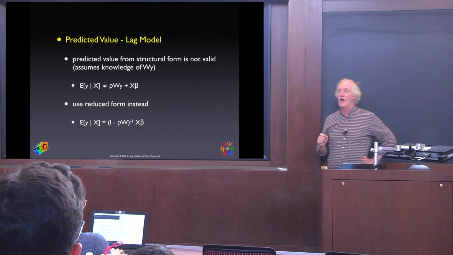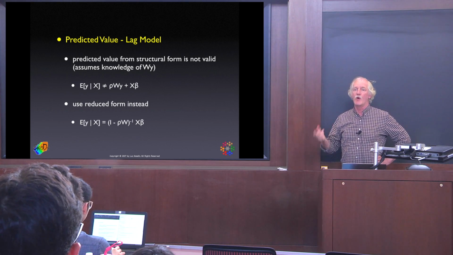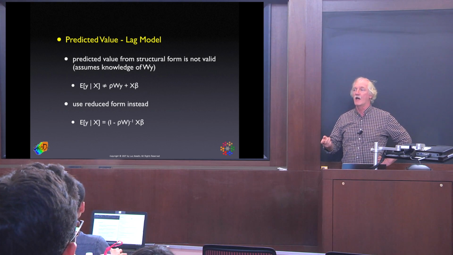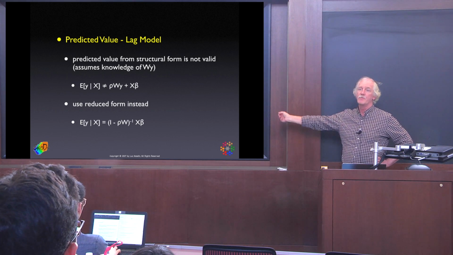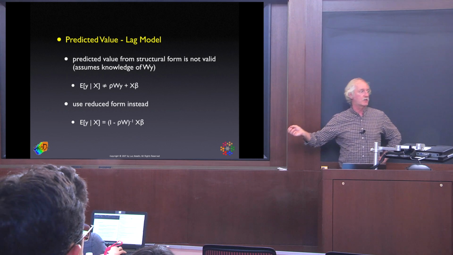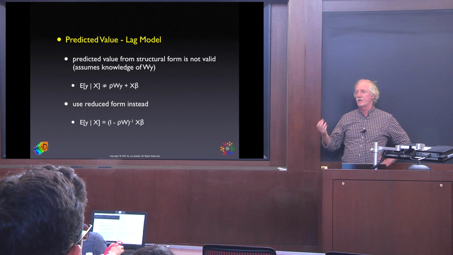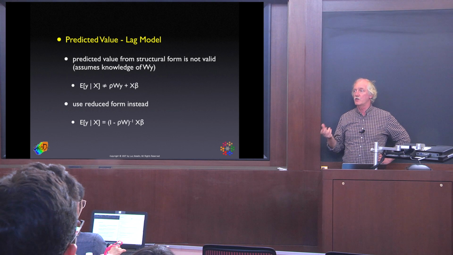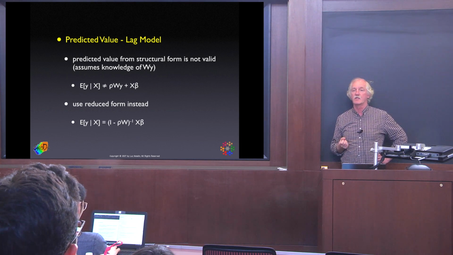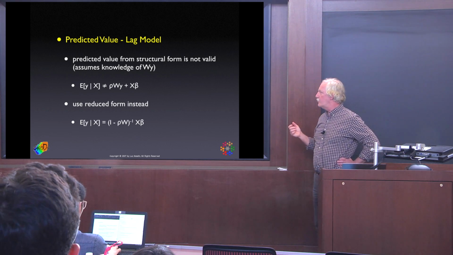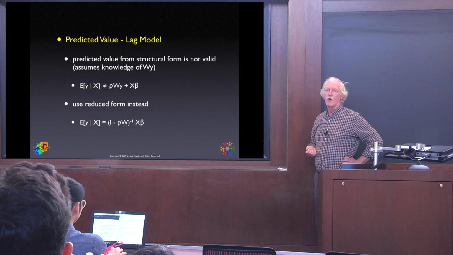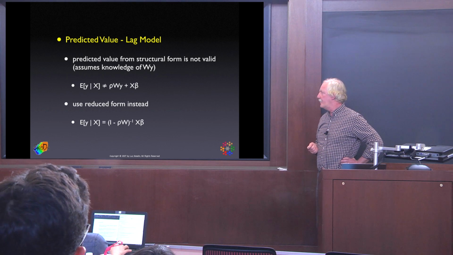You can't have a prediction for y if you need the value for y on the right-hand side. That doesn't work. Even though mathematically that's how you write the initial specification, as an expression for the conditional expectation, it's not useful. So what we need to do is get rid of this Wy on the right-hand side.